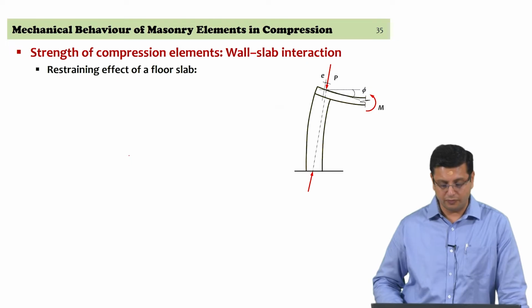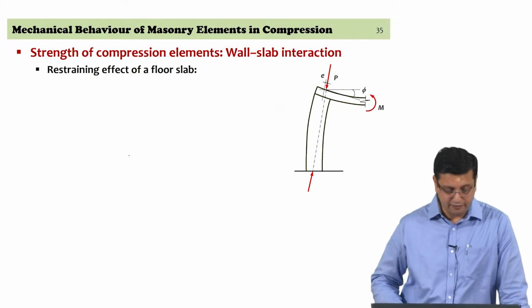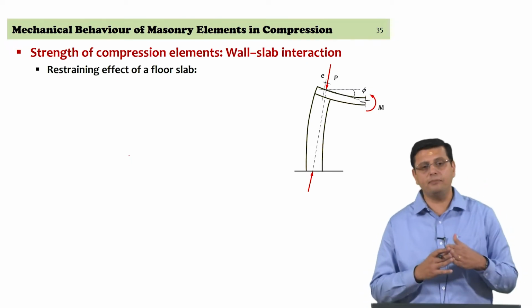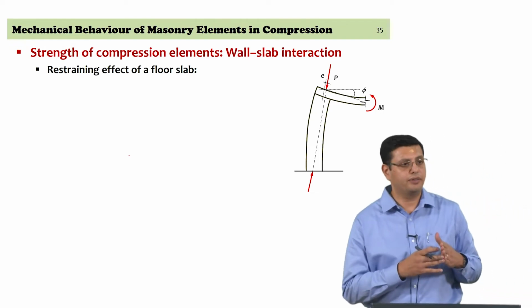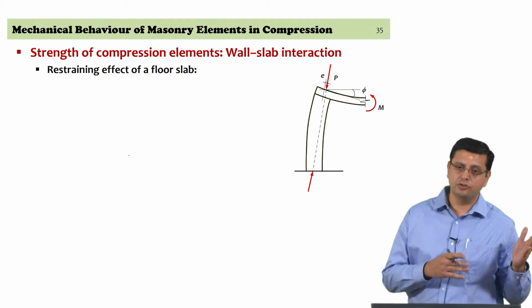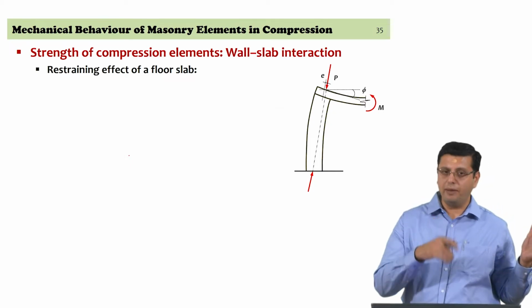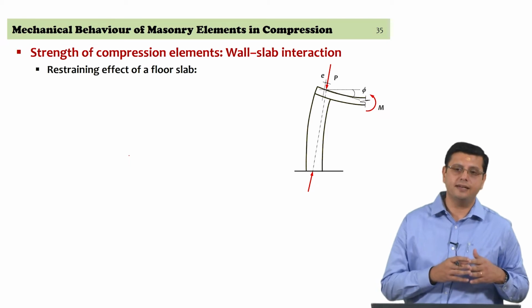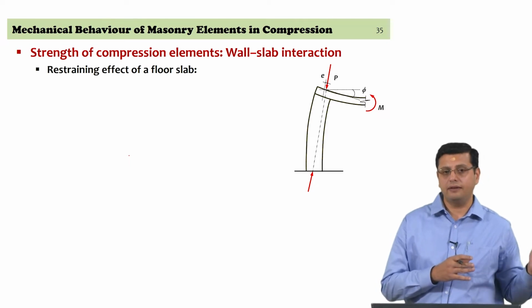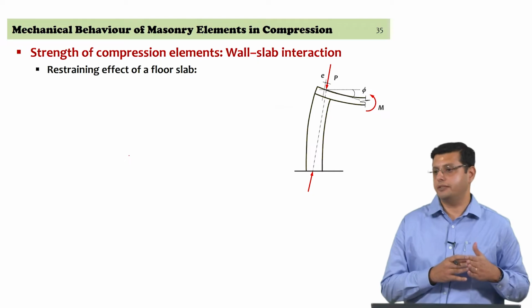for this calculation itself. So, the floor slab induces a restraining effect on the wall when the wall is subjected to bending due to the gravity forces acting eccentrically, or even when you have lateral forces acting on the wall.